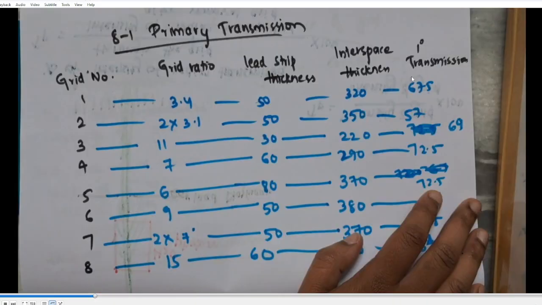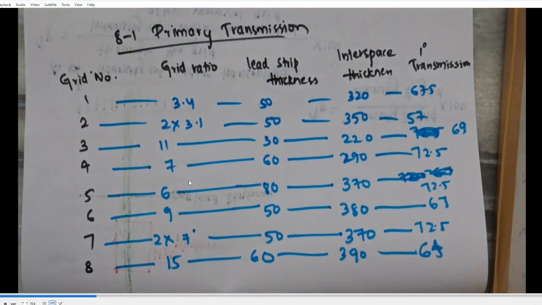For these 8 grids which were tested, we can see that the primary transmission varied from 57, which is the least, to 72.5 as the grid ratio increases.